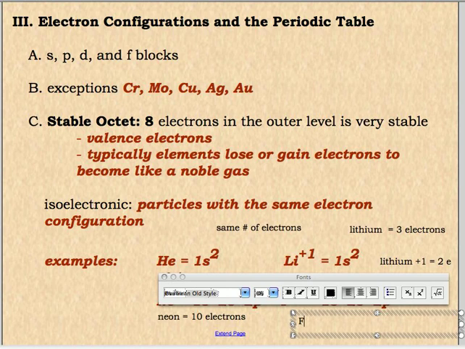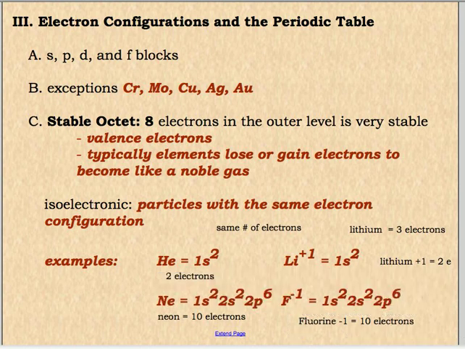So when fluorine is -1, that gives him 10 electrons, which makes him exactly the same as neon. So why is fluorine a -1? Because when he gains that 1 electron, that is all he needs to be the exact same as neon.